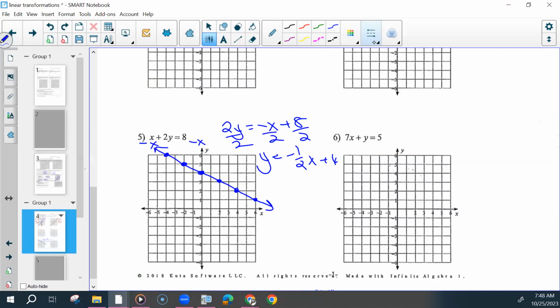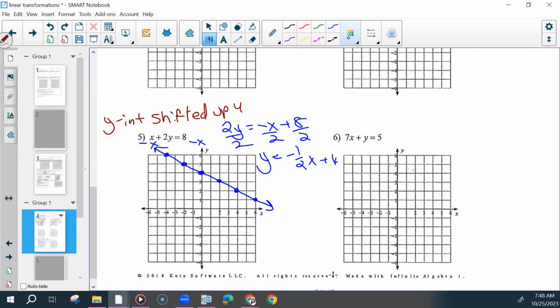Compare this to the original. What changed? Okay, the slope and y-intercept changed. What changed about them? Y-intercept shifted up 4. So is it steeper?